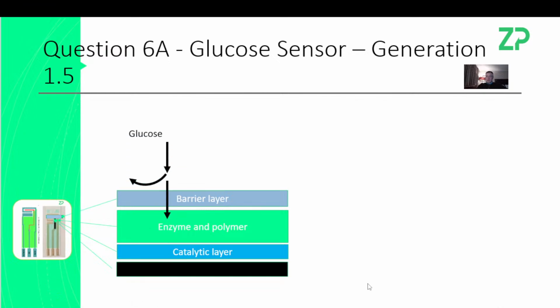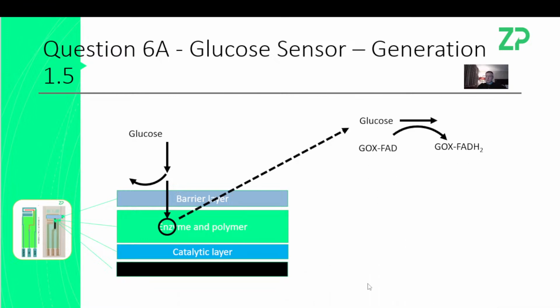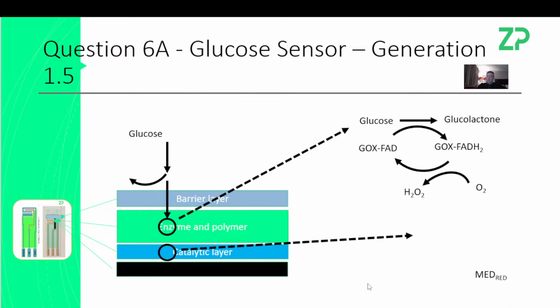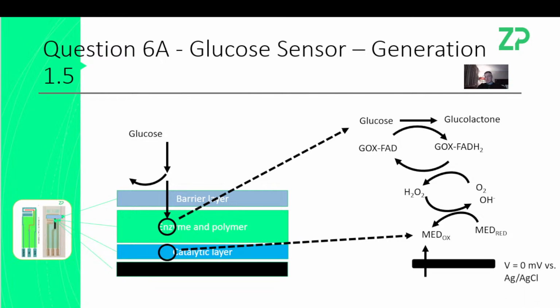Some of the glucose gets to the enzyme, it reacts in the presence of glucose oxidase and oxygen, and we get hydrogen peroxide. Now that hydrogen peroxide is not directly detected. We have a catalyst in there that helps take electrons from hydrogen peroxide to the electrode surface.